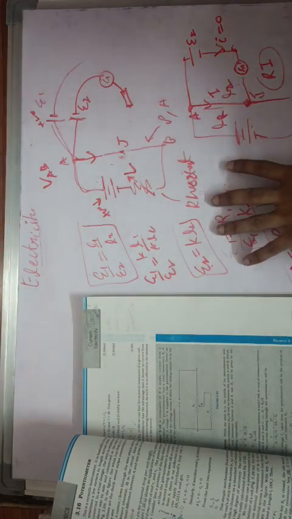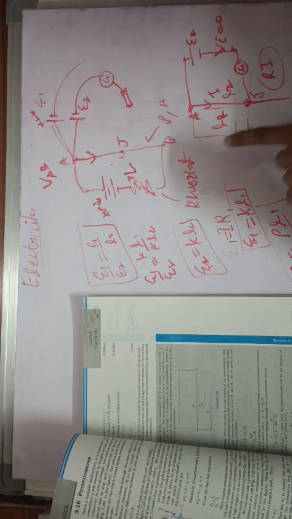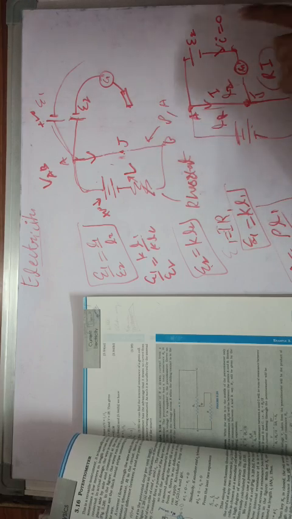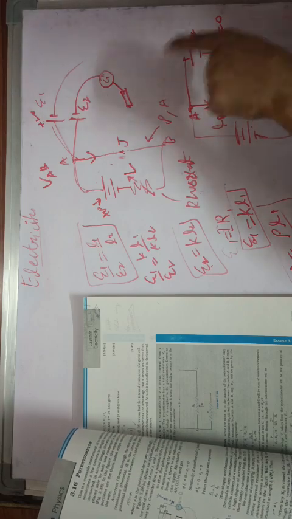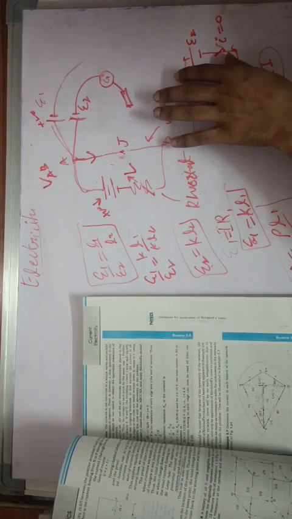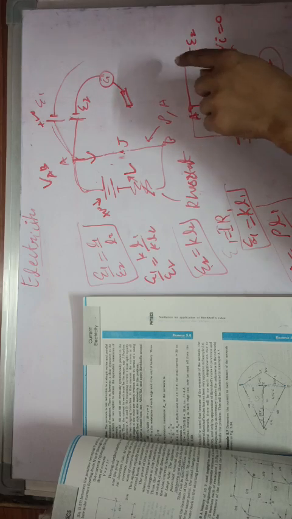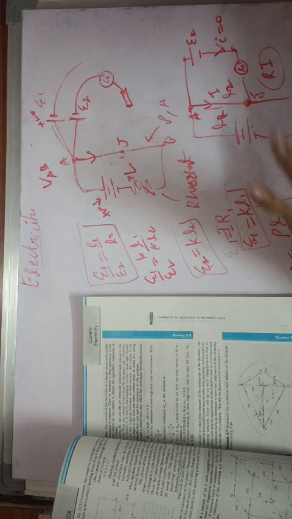And this is the best way of comparing potentials, because this will tell the accurate potential, because there is no current flowing through the cell. Since there is no current flowing through the cell, the potential across the cell would be exactly equal to the EMF.